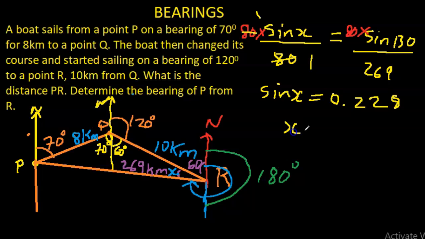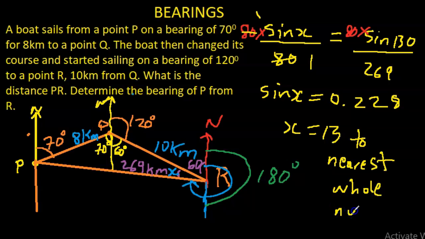Angle x will be shift or second function sine, depending on the type of calculator, of 0.228, which equals 13 to the nearest whole number. So x is 13 degrees. This angle inside here is 13 degrees.